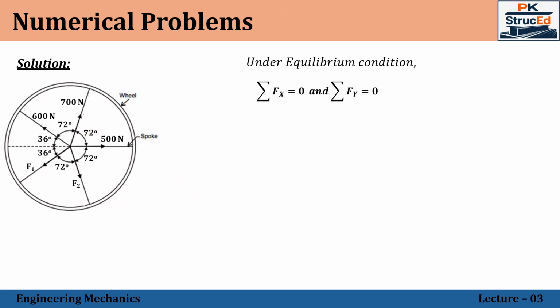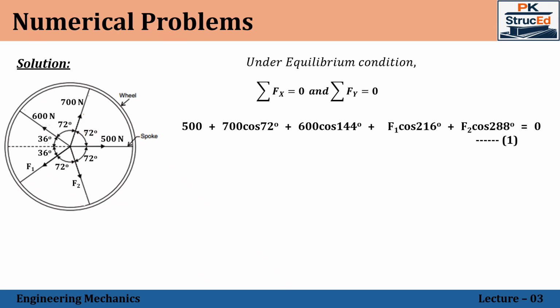Now, under the equilibrium conditions, the summation of forces along the x direction will be equal to 0 and summation of forces along the y direction also will be equal to 0. So write the equation summing up all the forces along the x direction equated to 0, let it be equation number 1, and summing up all the forces along the y direction equated to 0 and make it as equation number 2.